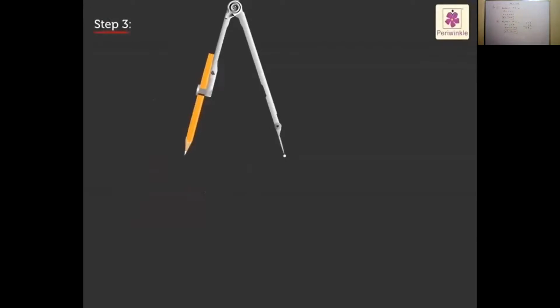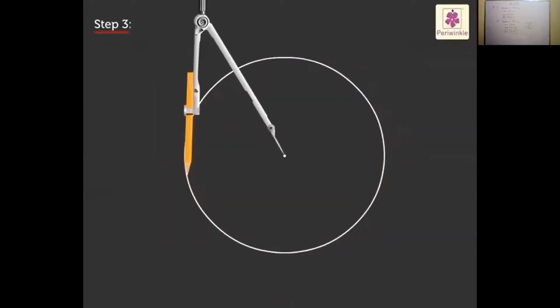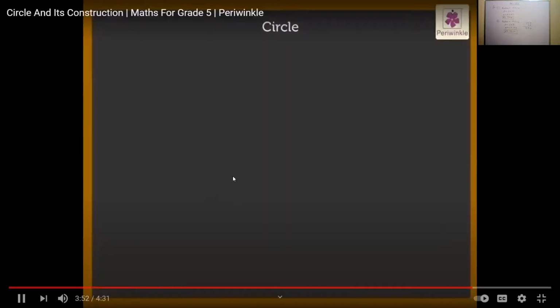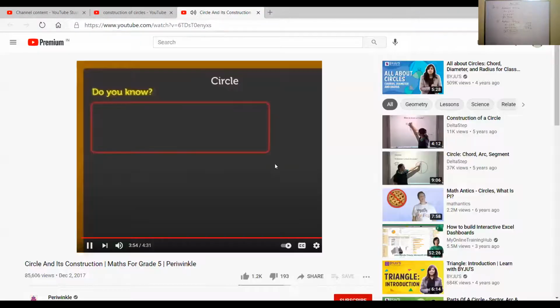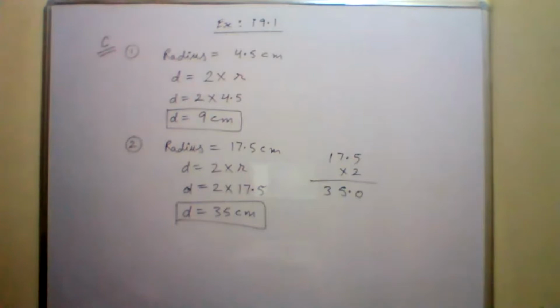Step 3: Move the pencil arm around to draw the circle. Got it? Everyone? Yes, sir. So construct it and show it to me. Turn on your video and then show it to me.